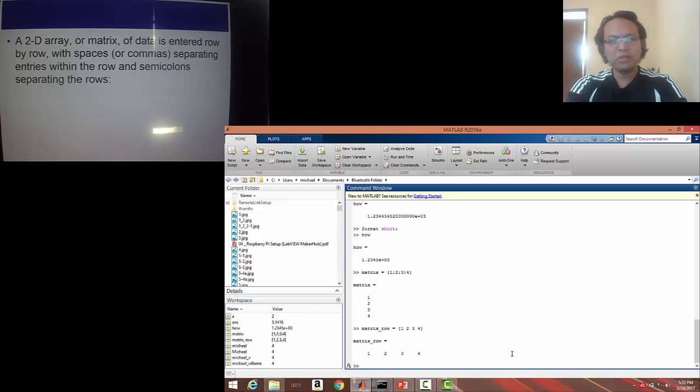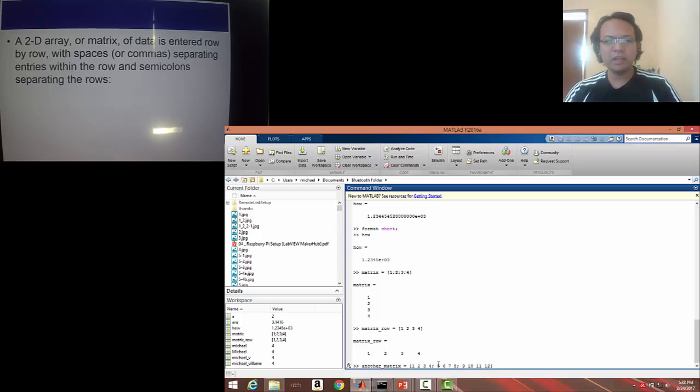Okay, so for example, when you say matrix again, another matrix is equal to 1, 2, 3, 4 semicolon 5, 6, 7, 8 semicolon 9, 10, 11, 12.